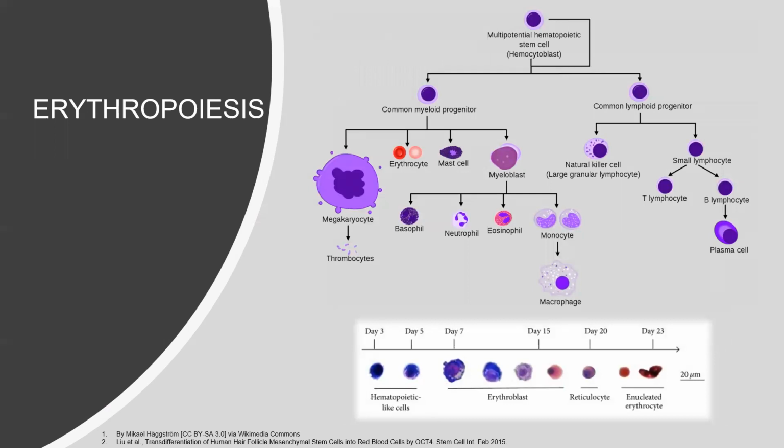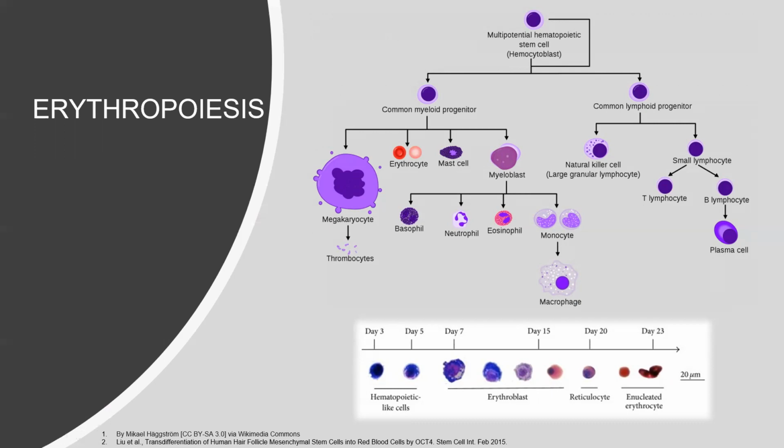Let's go to the stages of erythropoiesis. The production of all blood cells begins with the hemocytoblast. Right, here it is. It is a multipotent hematopoietic stem cell. Actually, hemocytoblasts have the greatest power of self-renewal of any adult cell.